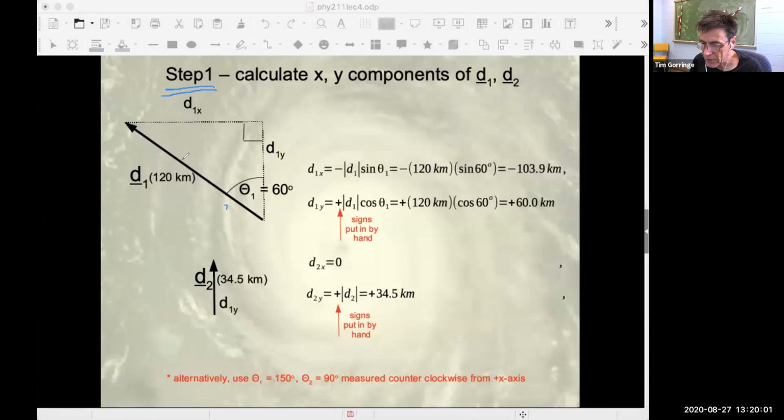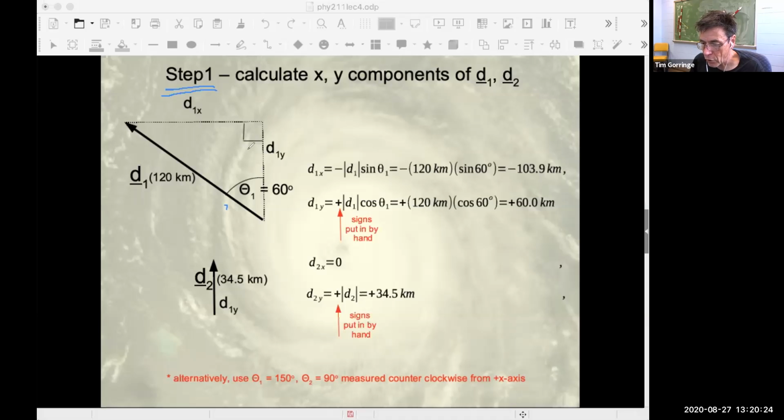So I drew D1. Here's D1. It's sort of northwest. And we know its size, 120 kilometers, and we know its direction, 60 degrees from north. And then I drew, to form a right-angle triangle, the x, the horizontal, and the y, the vertical components of it.